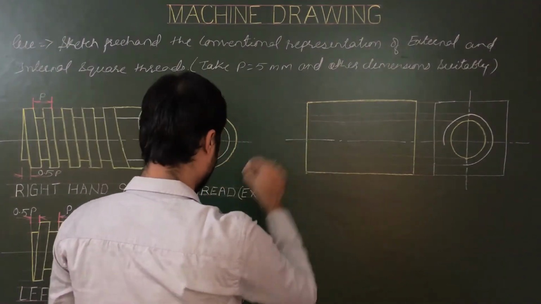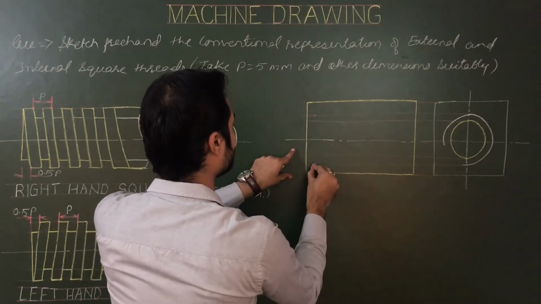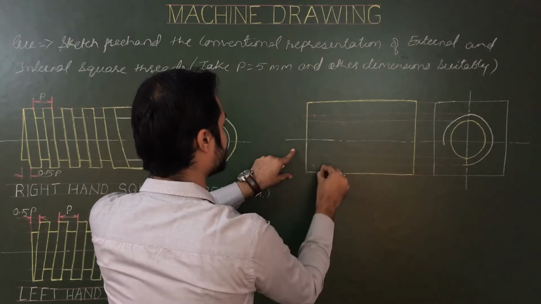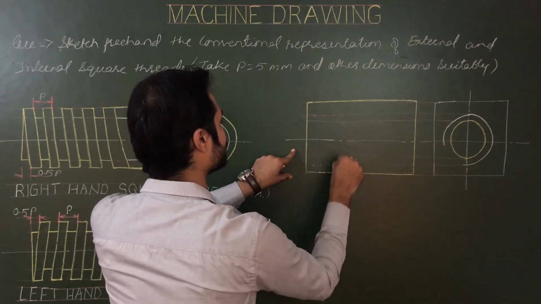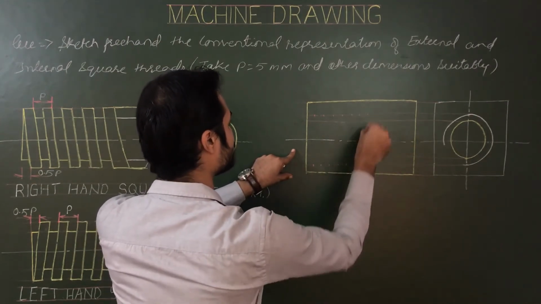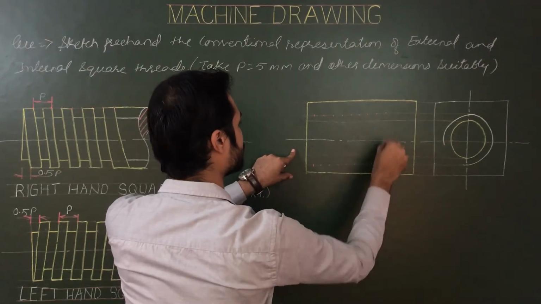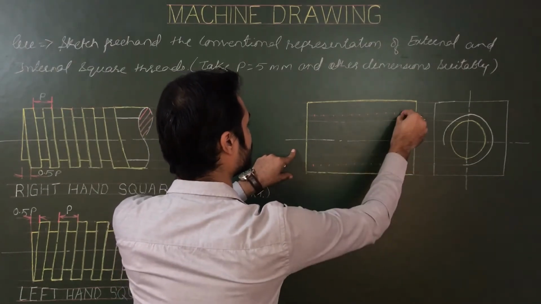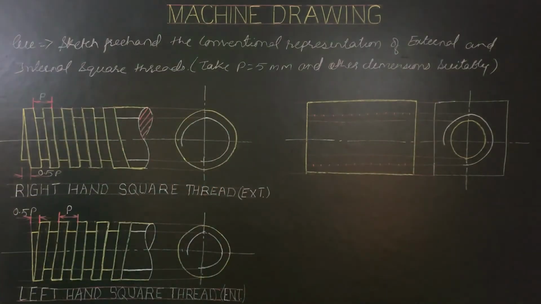So again mark equal distances on the upper line like this, and the gap is equals to half of pitch, 0.5 of P. Next step, very simple.